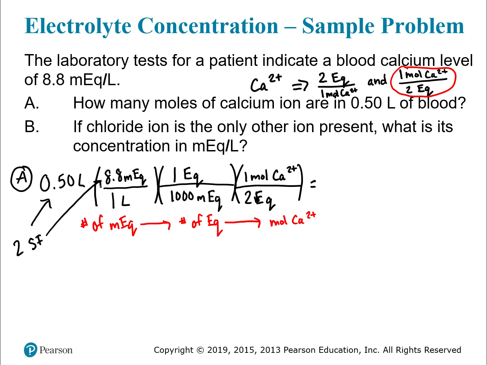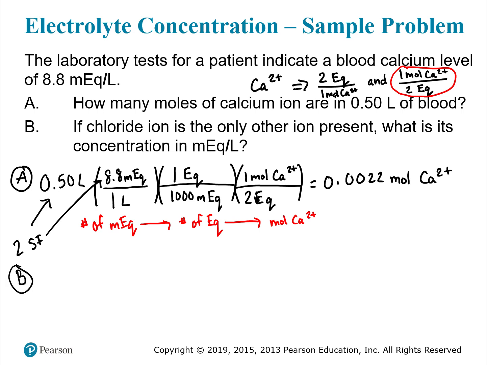So, since we've got 2 sig figs in both of these numbers, our answer needs to have 2 sig figs as well. When you do the math, you should get 0.0022 moles of calcium ions. So that's part A.